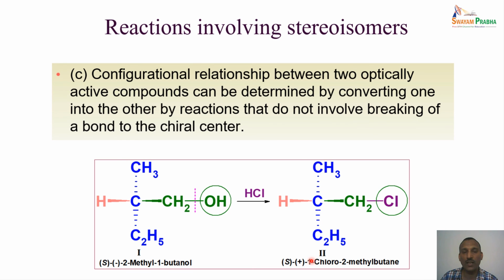So as I mentioned earlier, the configuration and the optical rotation are independent of each other. We don't have to say all the time that an S isomer will have minus rotation, and an R isomer always has positive rotation. We cannot say that. So configuration as well as optical rotation are two different things.